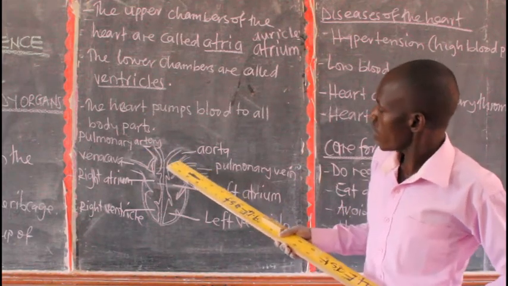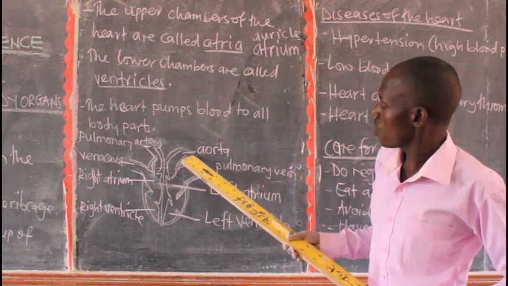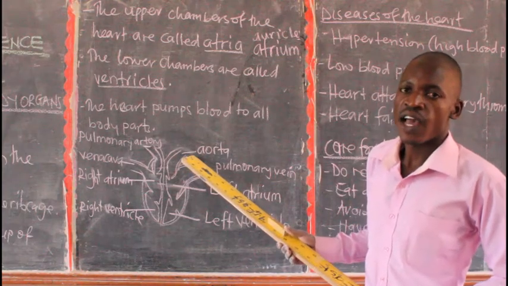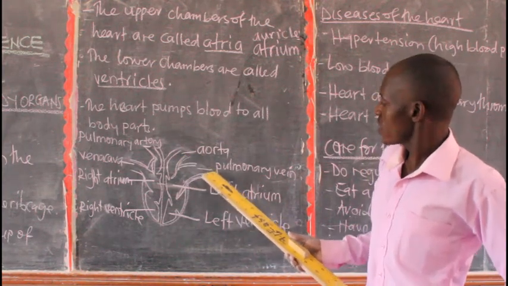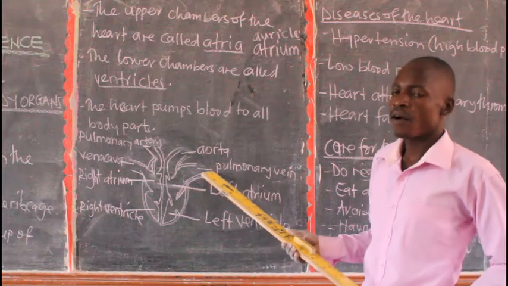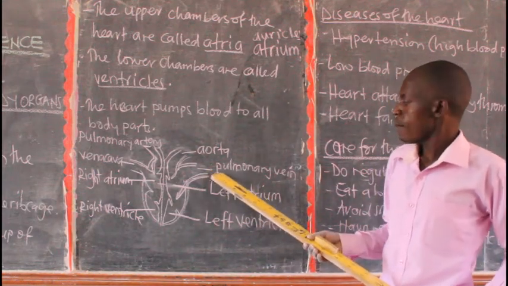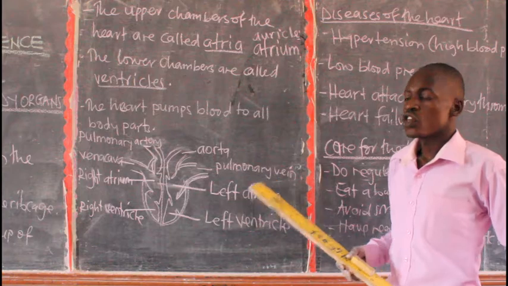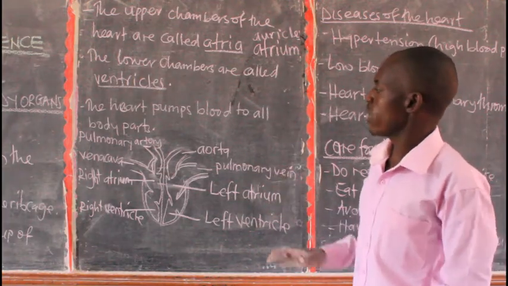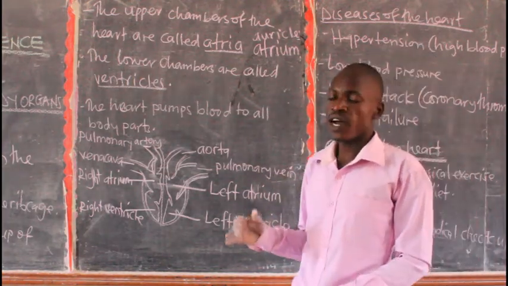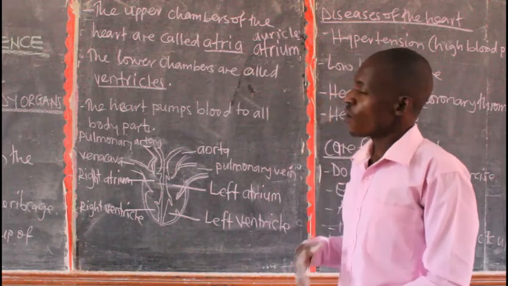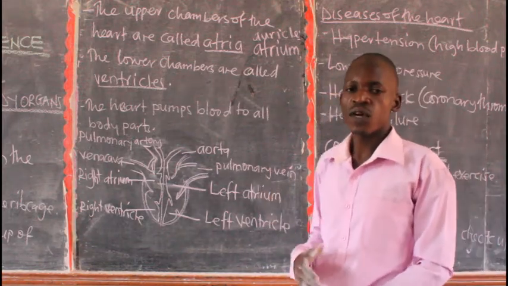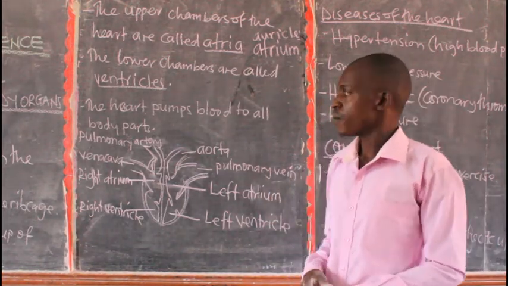We also have another blood vessel called aorta. Then the last one here is called pulmonary vein. Those are the major parts of the heart that we look at in Primary 4. However, we shall look at the heart in detail when we reach Primary 6.